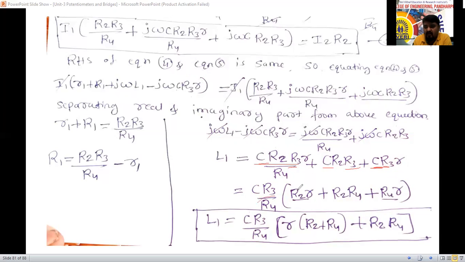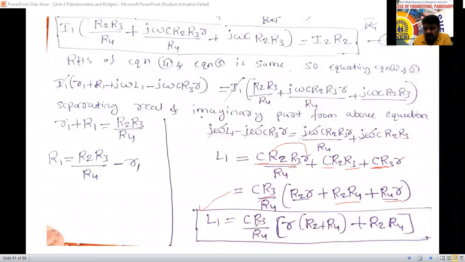The terms left here now are R2 and R2R plus R2 into R4, because we have taken outside. Then when we send it to this side, inside R4 divided by R4 will get cancelled. R2 R4 into R here now. This is the final equation for L1 here now.